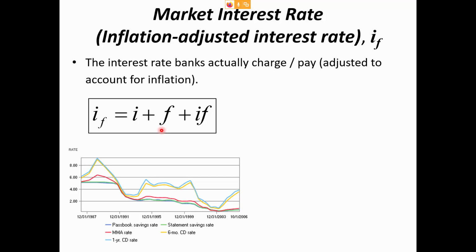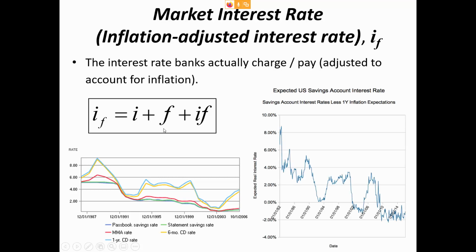The reason why your purchasing power could decrease over time is that if you look at what interest rates have been over the last few years, they've effectively, on a real basis, gone below zero. You see this axis is saying expected real interest rate.